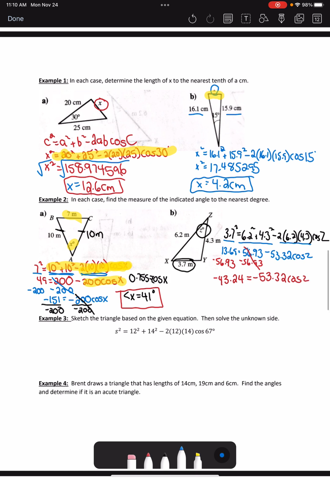Then divide that over. And then when we type that in, we get positive 0.81095 equals cos z. So then if I go second function cos, I get 36 degrees.